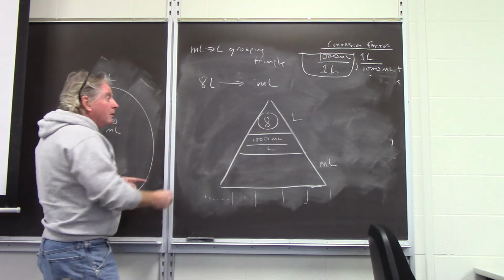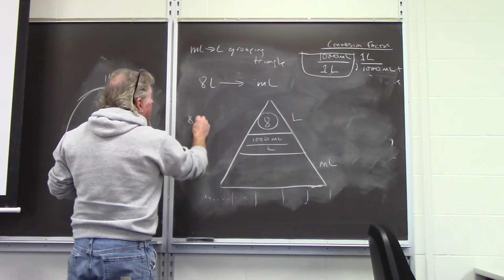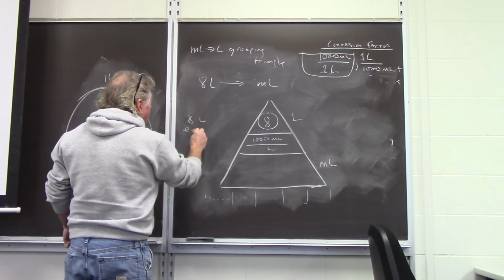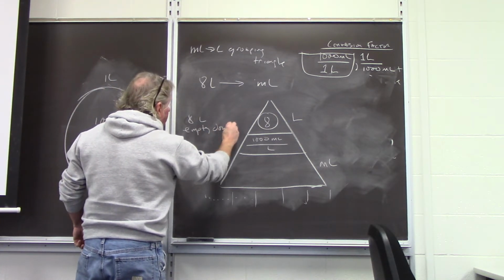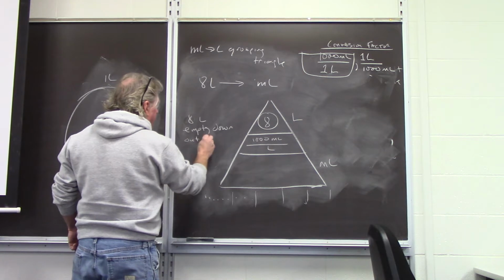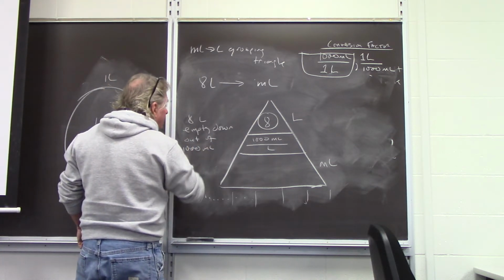So what I'm going to do is take 8 liters, and I'm going to empty out, down, I'll use down because that's the direction I'm going, down, out of each one, 1,000 mils per liter.